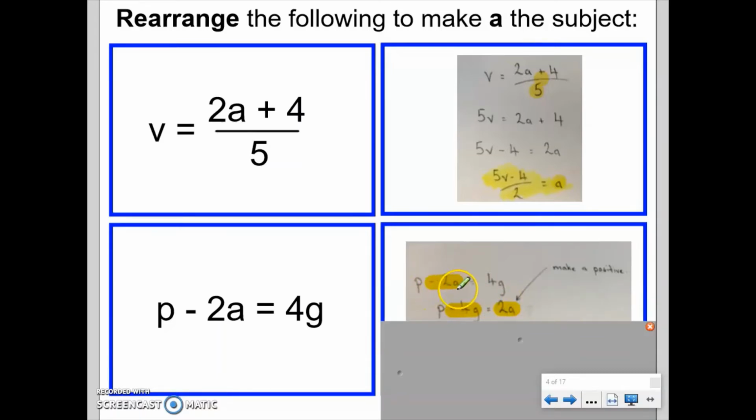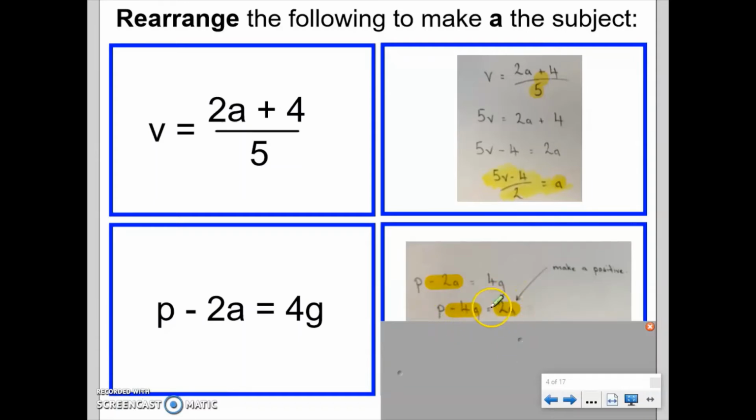And the reason I've moved this minus 2a to this side, rather than taking the p to this side, is because then I'm treating this a to make sure it is positive. Because I don't want my final rearrangement to be negative a, I want my subject to be positive a. So I've taken the method and the notation to ensure that I have a positive a during my working out.